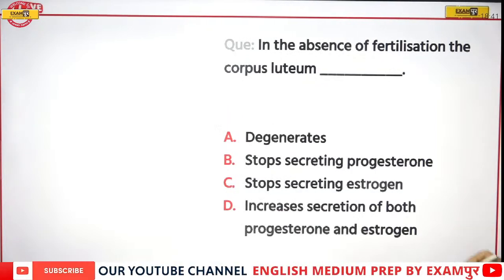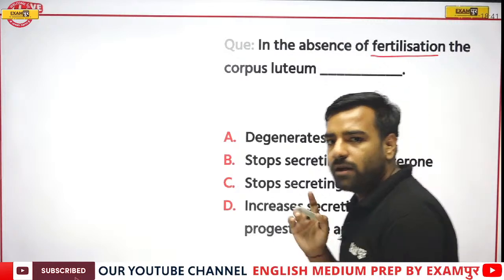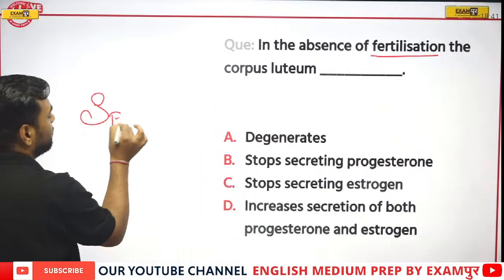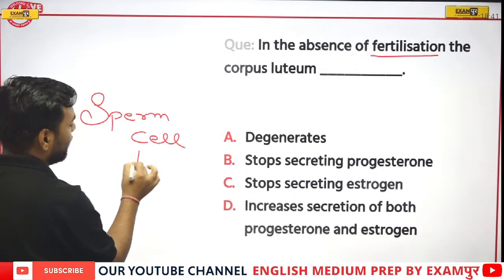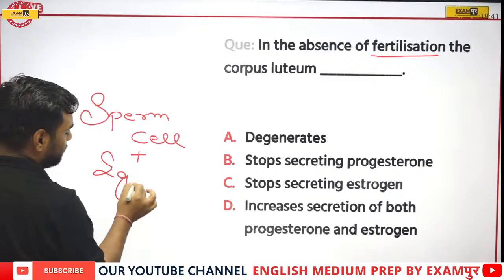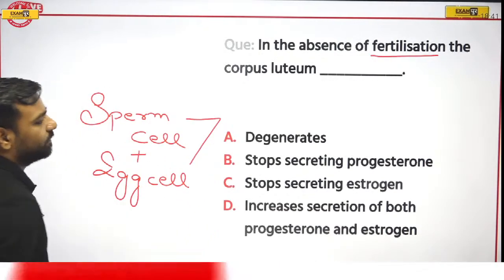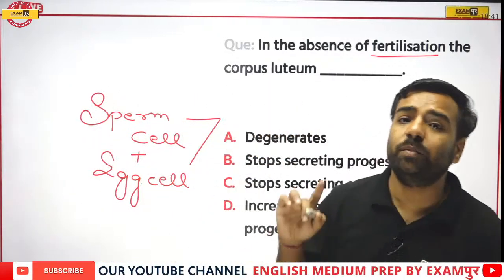Next, in the absence of fertilization, the corpus luteum dash. So if I talk about the fertilization process, what is it? Fertilization is the process in which a sperm cell and an egg cell, that is the ovum, fuse together. What is that location? That location is the fallopian tube in the females.